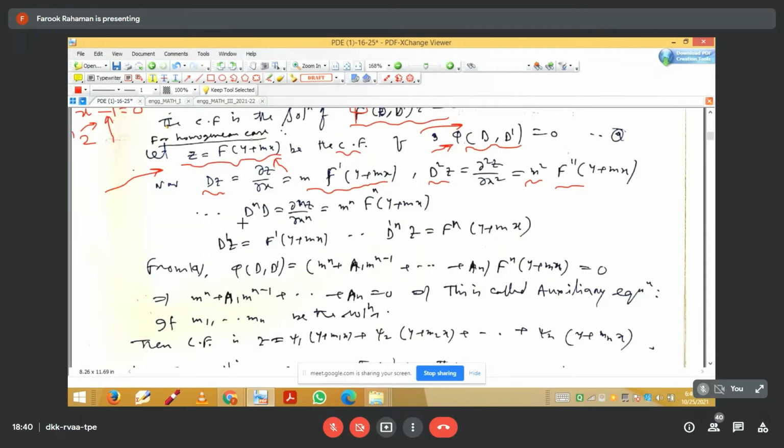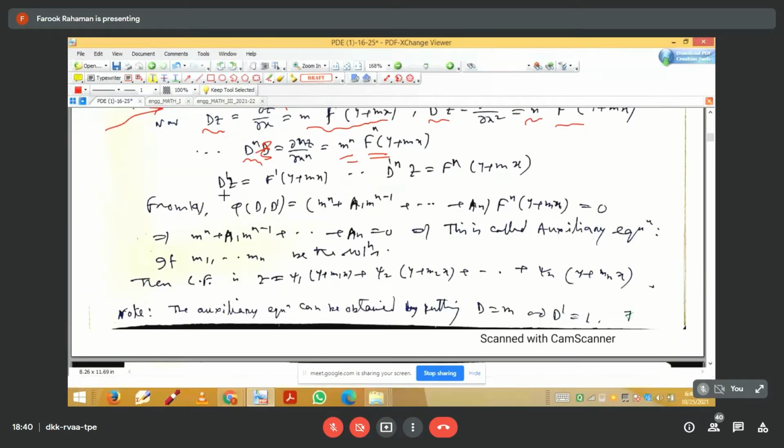Similarly, differentiate z with respect to x n times, so one can easily find m to the power n, f to the power n of (y plus mx). This dash means the differentiation with respect to the argument of f.